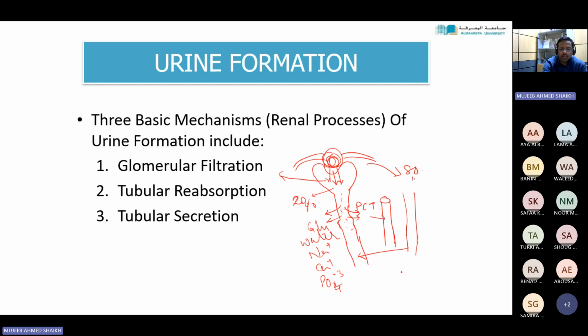Excess quantities of hydrogen, potassium, urea or ammonia. They are filtered only in a very little amount, 20%, and 80% is again coming back into the blood. So from the blood, they have to be eliminated and added into the filtrate by the process known as tubular secretion.